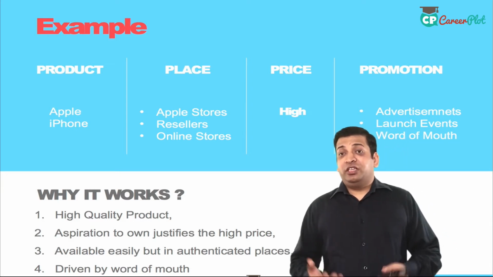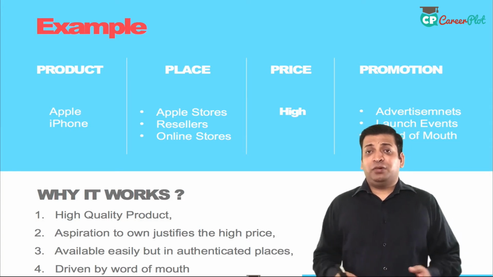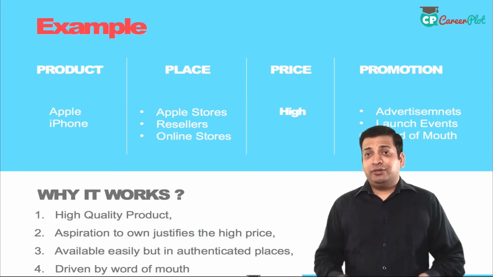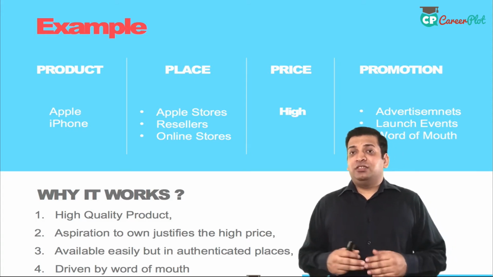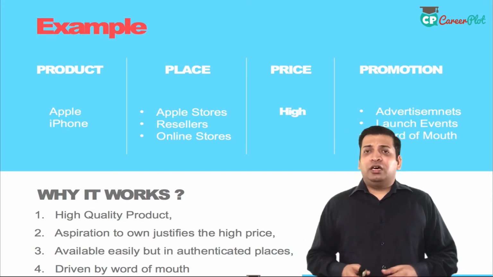And Apple uses launch events again and again every year or every 6 months to make sure their products are popular, the new product lines are announced, and the old product lines are taken off. Advertisements in newspapers and TV commercials are most important.